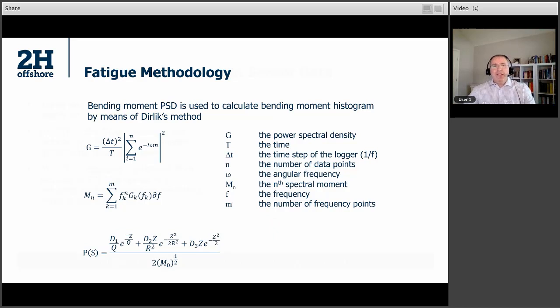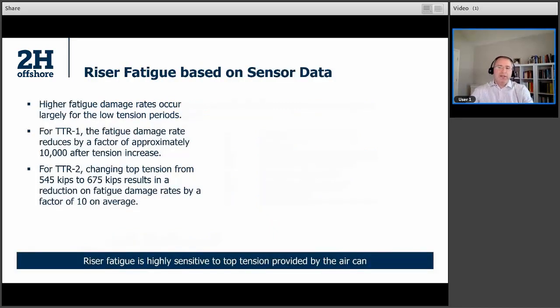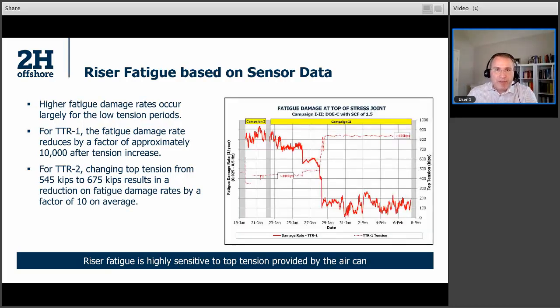Now let's take a look at the fatigue results calculated based on logger data using the transfer function approach we described in the previous slide. So here you see first the TTR1 fatigue damage rate. Again, it's shown as this red line, and the top tension variation is also shown throughout the monitoring campaign with this dashed line.